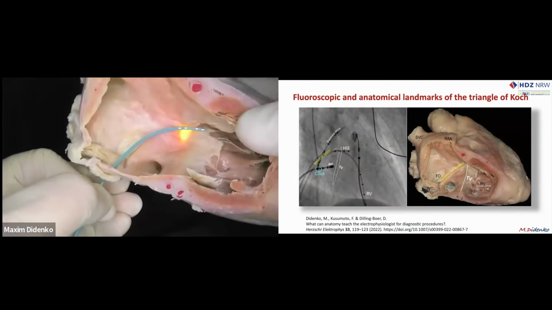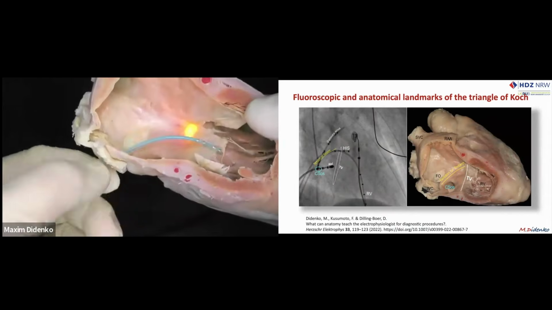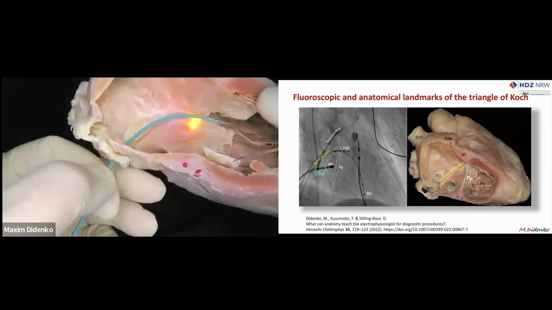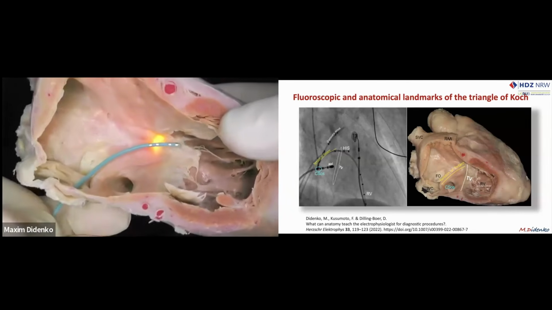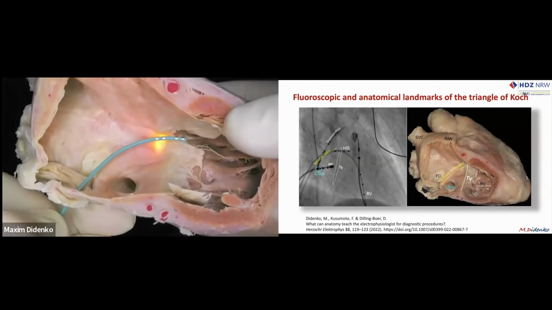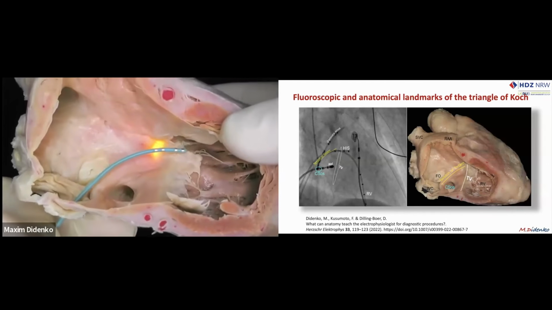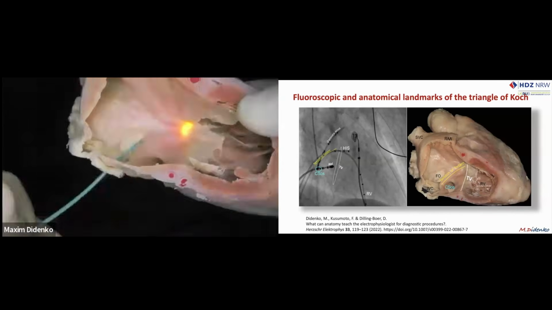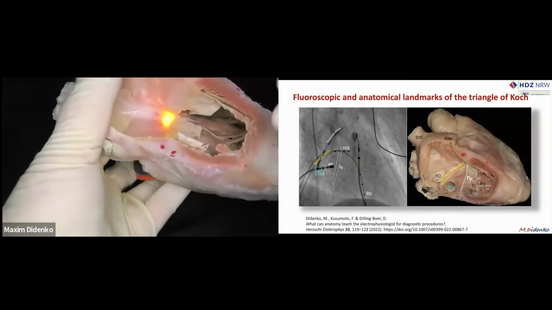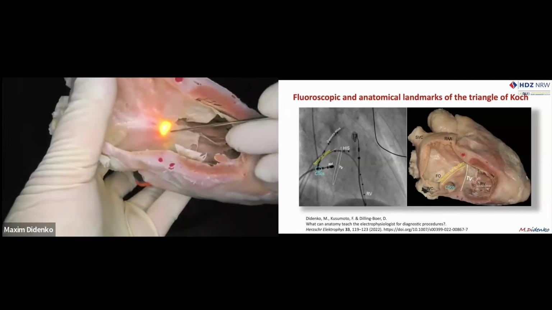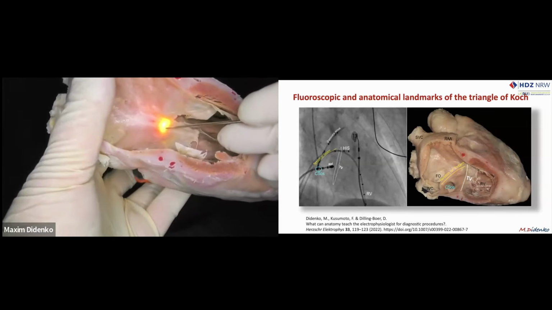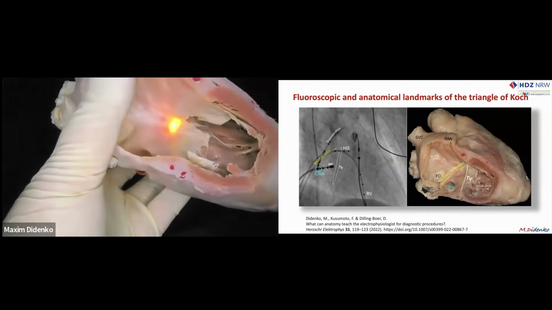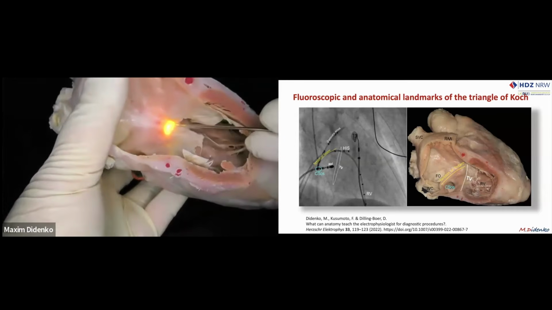You can nicely see that if sometimes you cannot see the His, you usually have to be a little bit more septal, but it can be a little bit lower, because the His bundle is usually on the lower border between the membranous septum and the ventricular septum. At the same time, the direction of the His bundle is like this, so it goes anteriorly and superiorly.